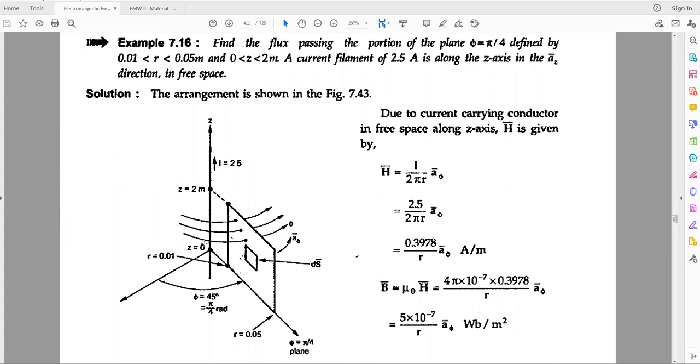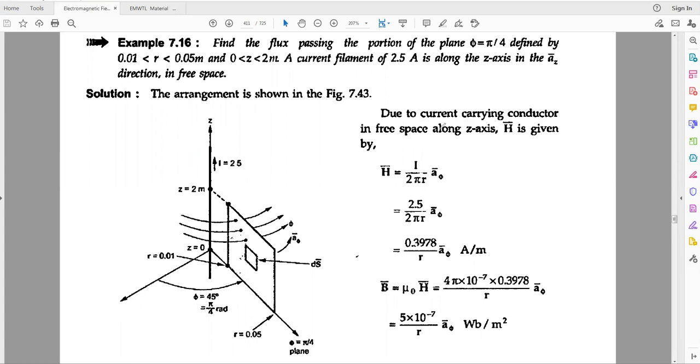It is the same example we did in the previous video, but with an angle: the plane is tilted with phi equal to 45 degrees.